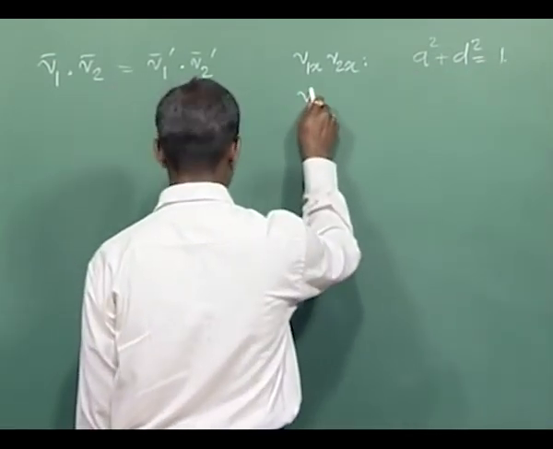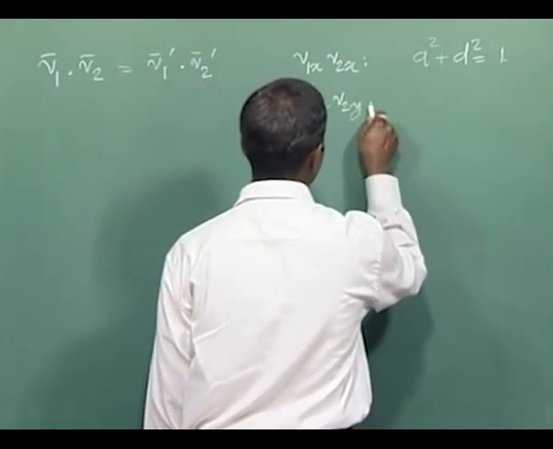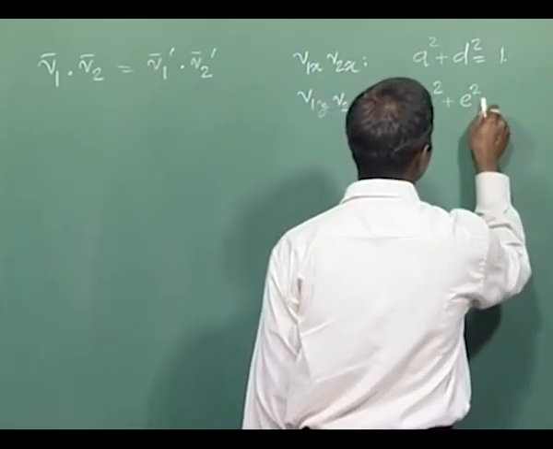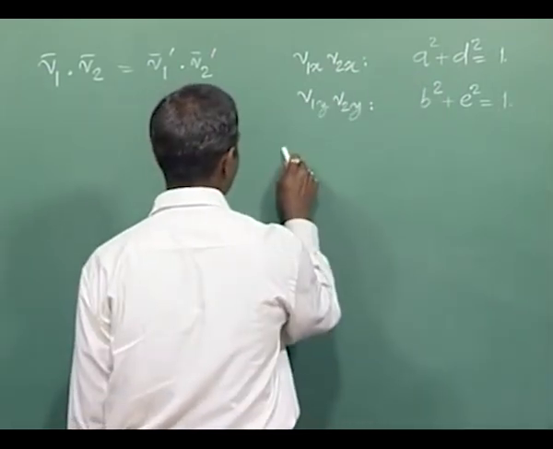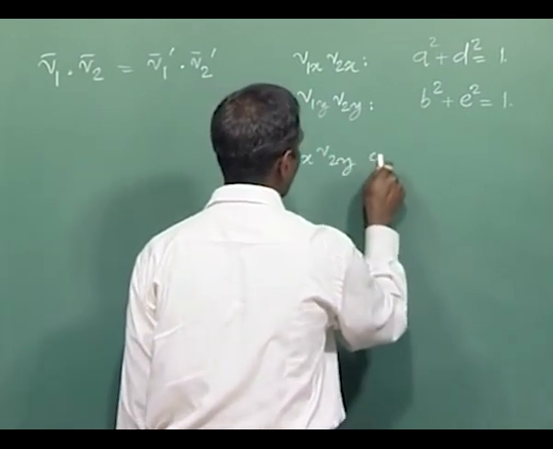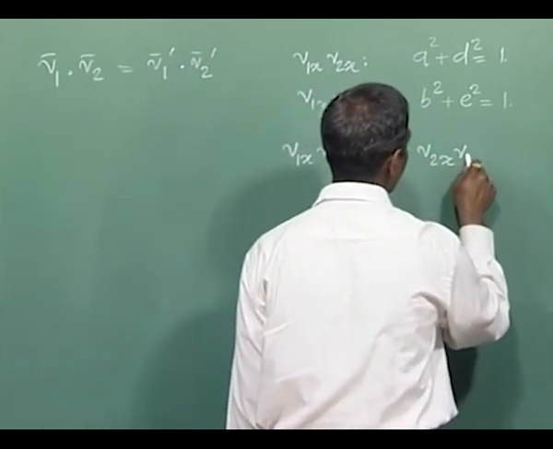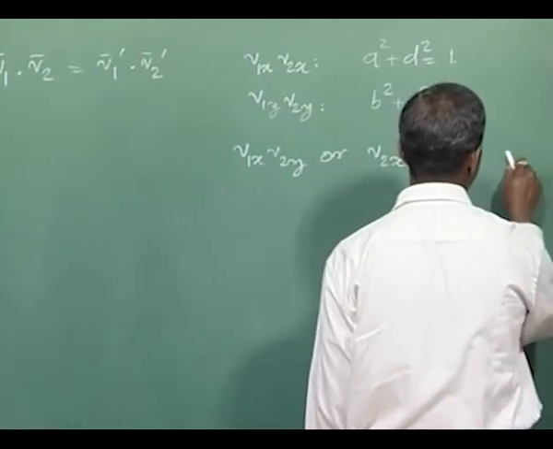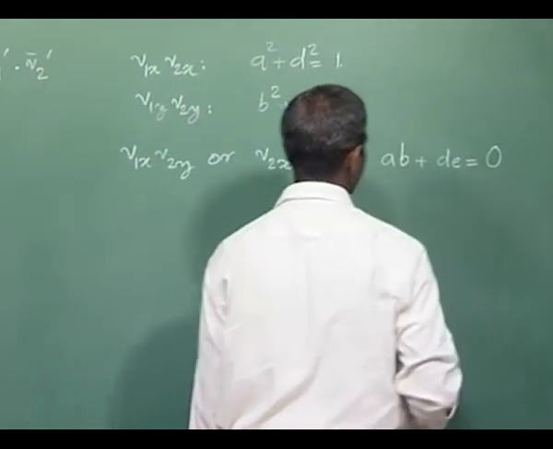If we compare v1y, v2y terms, we get b squared plus e squared equals 1. If we compare v1x, v2y, or v2x, v1y terms, then we get ab plus de equals 0 in both cases.